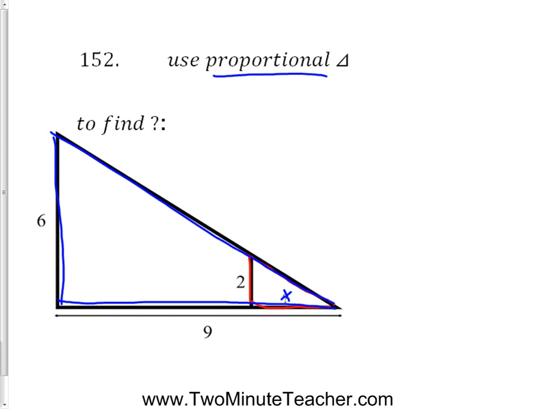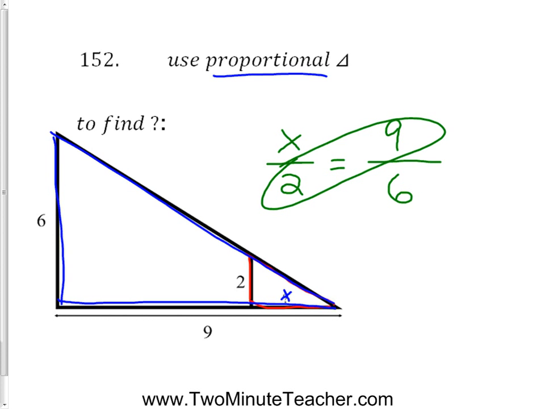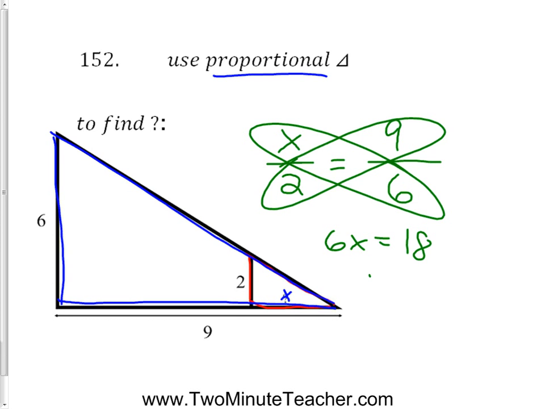If I took x and said x goes with 2 like 9 goes with 6, that should also give me the same thing. Okay, 9 times 2 is 18, 6x equals 18, x must equal 3. That's what the other one should have come out to also, x equals 3.